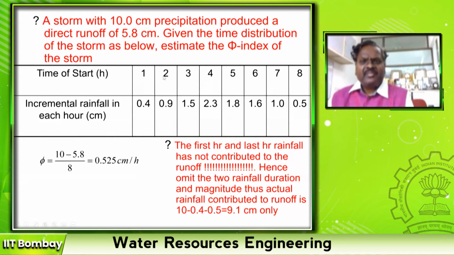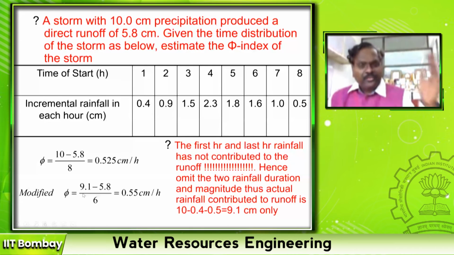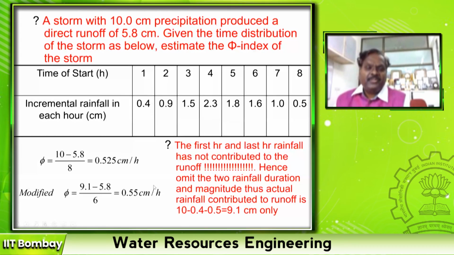It is from the second hour to the seventh hour. So it is 10 centimeter minus 0.4 and minus 0.5, which is equal to 9.1 centimeter, the total rainfall contributing to a runoff of 5.8 centimeter with an effective duration of only 6 hours. So then my infiltration rate is 0.55 centimeters per hour.